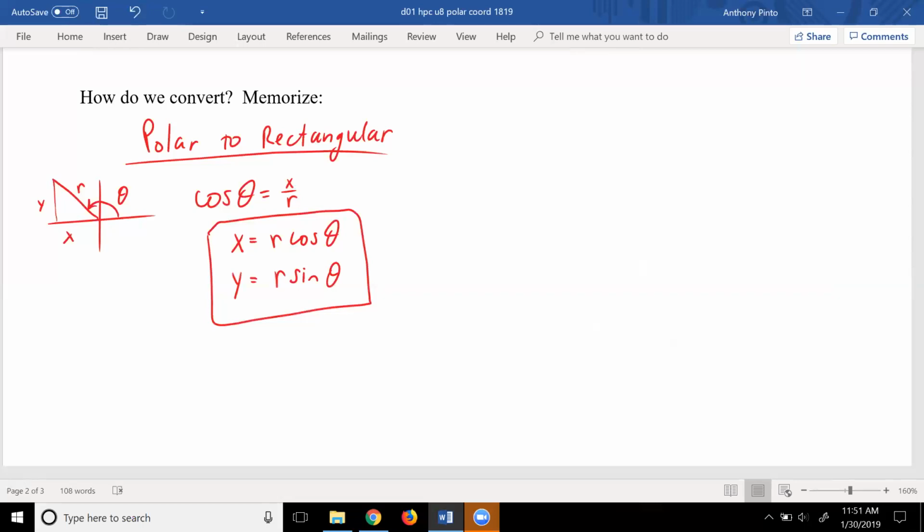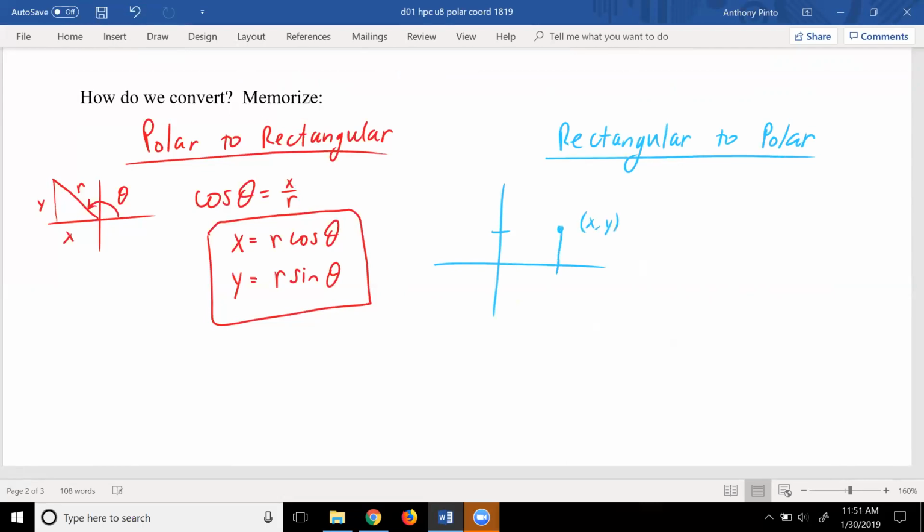Now, let's say you want to go the opposite way, from rectangular to polar. In this case, I would give you an x, y point. So for instance, I give you some point out here. This is x comma y. And you want to figure out what theta is, and you want to know what r is.